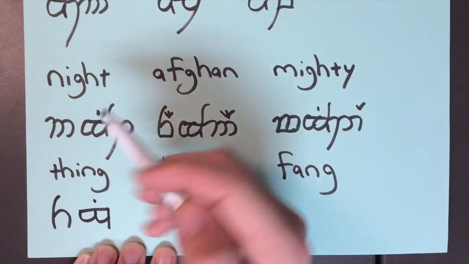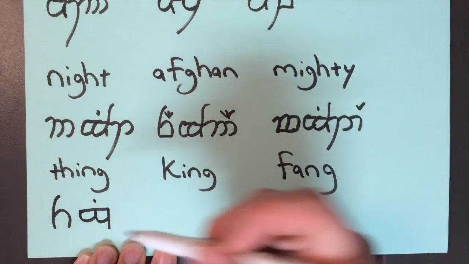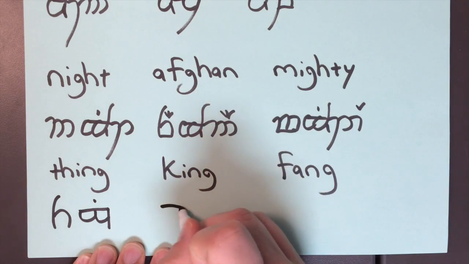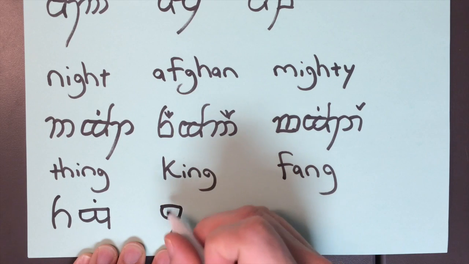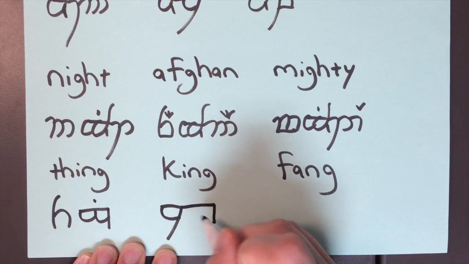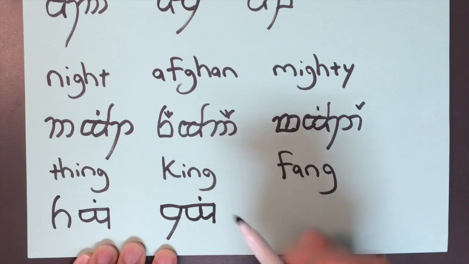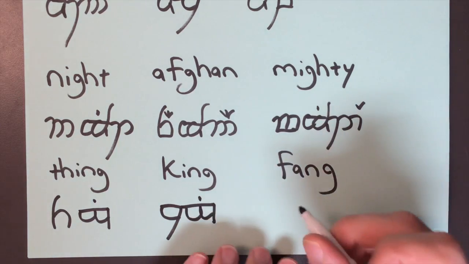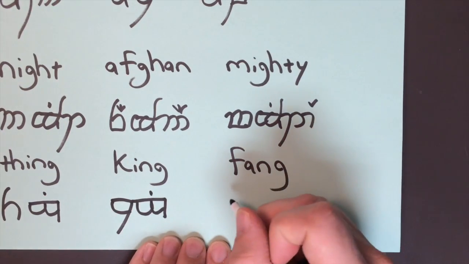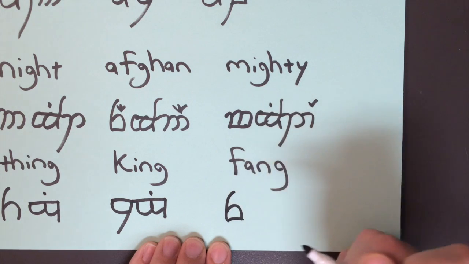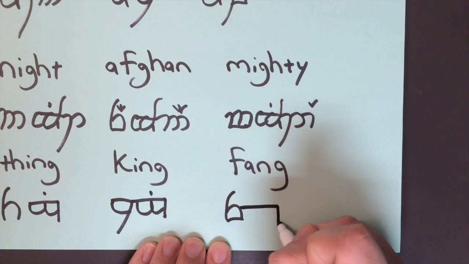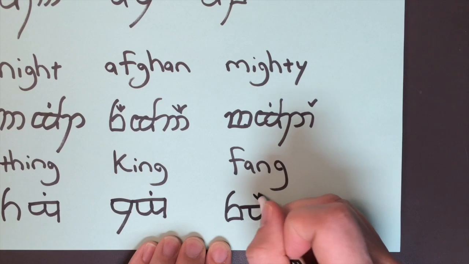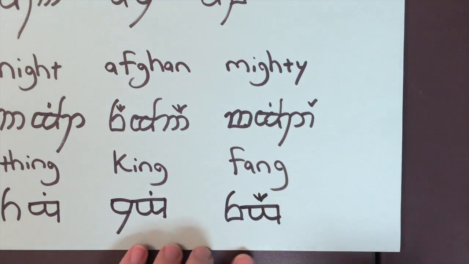King, we want to use our K that we used on our previous set of letters. So K, K, and then do over, down, loop, loop, I, king. So for fang, we're going to draw our F like that. Over, down, loop, loop, draw our A. So fang.